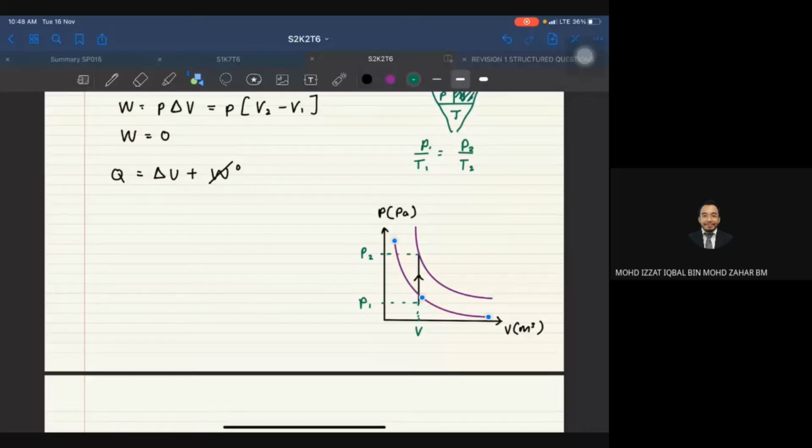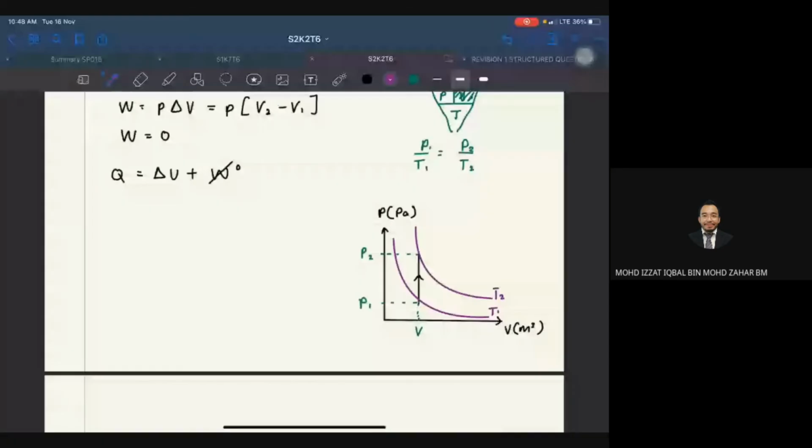Okay, so maksudnya dekat sini, you will have T1 and T2. T1 tu yang initial lah, yang bawah. And this is your T2. So ada dua temperature. So dekat sini you will see ada dua benda berubah lah. Pressure berubah, temperature also change, which is exactly how Boyle's law, Gay-Lussac ni punya law lah.